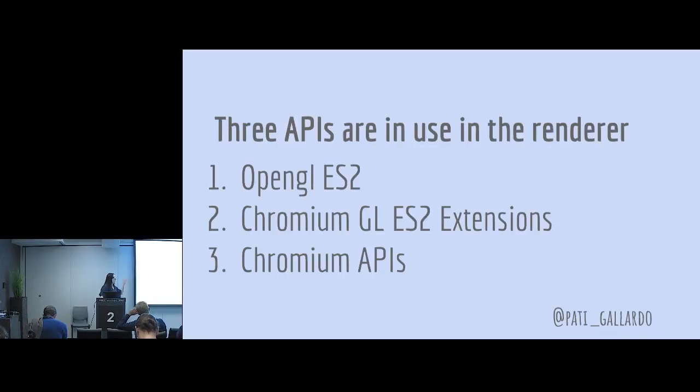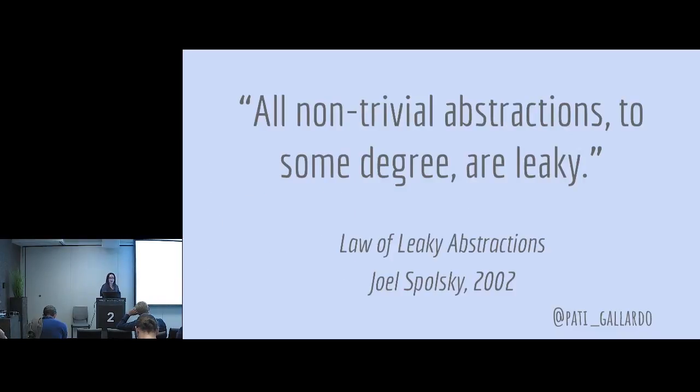In addition to that, they have their own APIs, their own IPCs, where they can also communicate, right? So all non-trivial abstractions, to some degree, are leaky. They are trying to make a normal OpenGL ES2 interface that you are programming against, but it is normal in quotation marks.